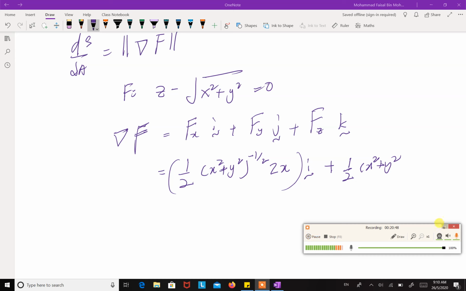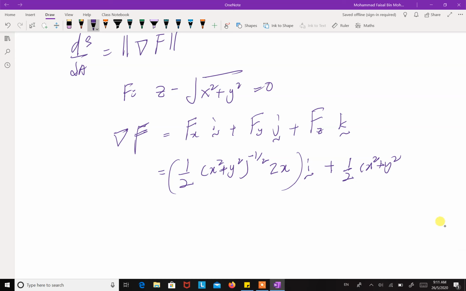Okay, I'm sorry, we have negative here. We have negative here. So differentiate this. We have a negative for the original part. Okay. Half 2y j.